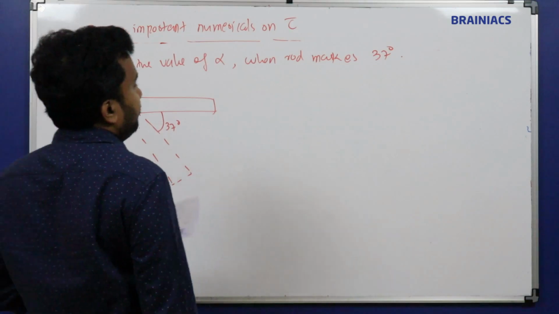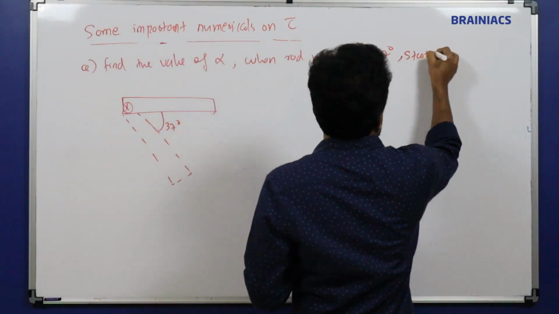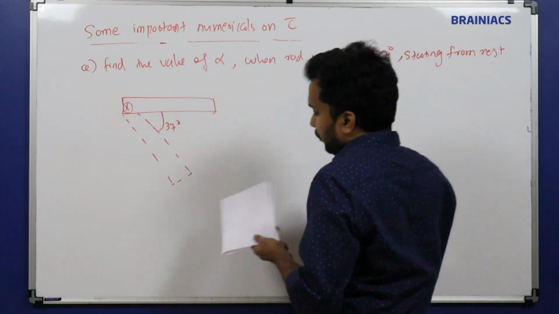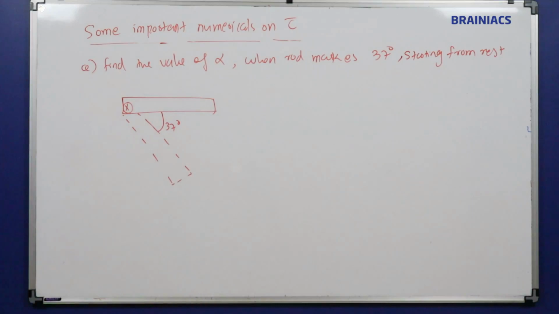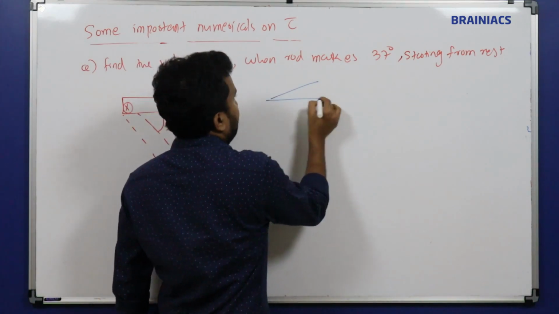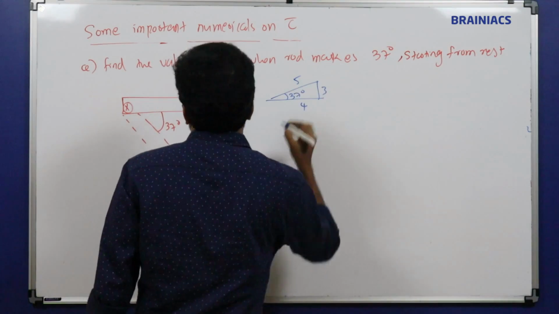Find the value of alpha when the rod makes 37 degrees starting from rest. The body starts from rest, and we have to find the value of alpha. Once 37 is given, this is a 3, 4, 5 triangle.